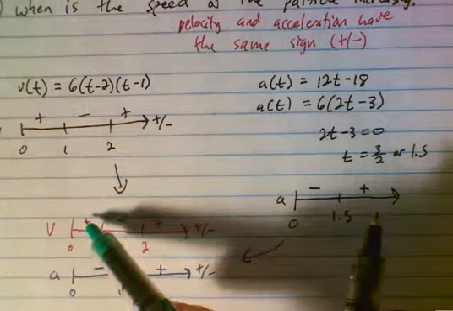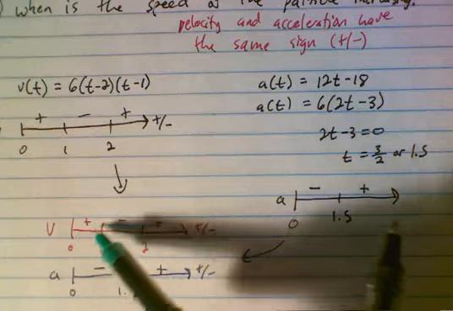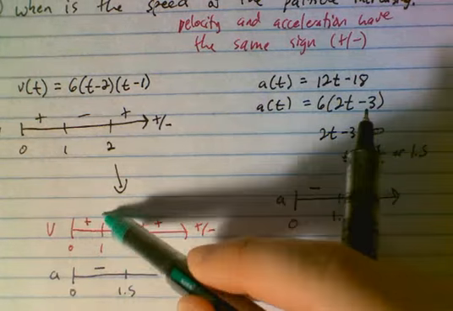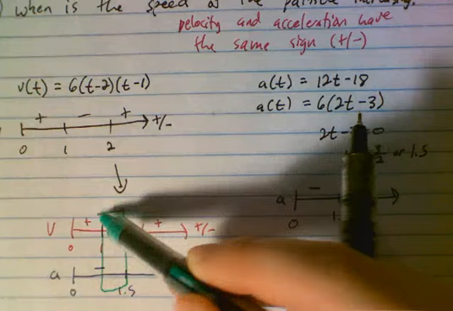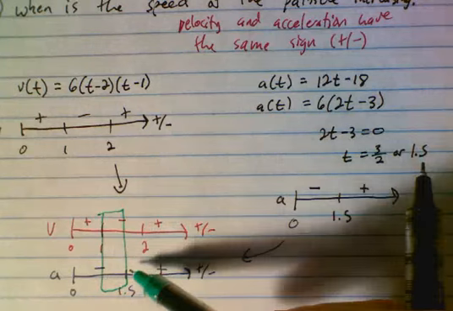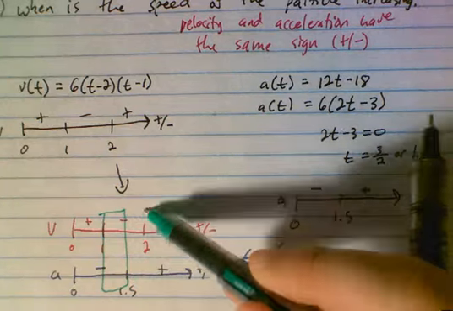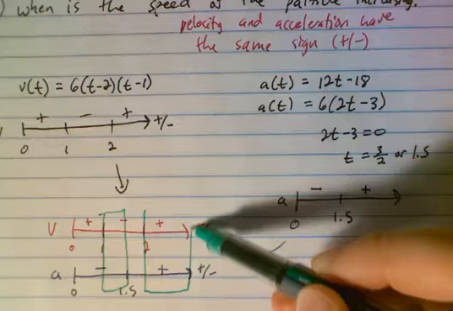So here, from 0 to 1, velocity is positive, acceleration is negative. From 1 to 1.5, they're both negative. From 1.5 to 2, this one's positive, this one's negative. From 2 on, they're both positive.